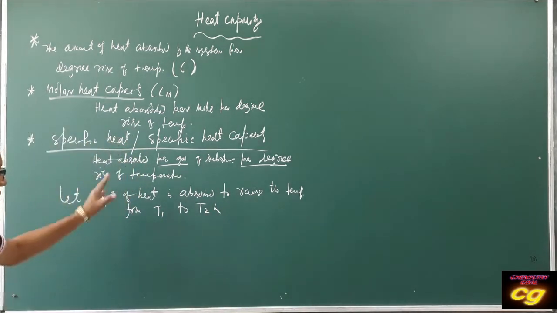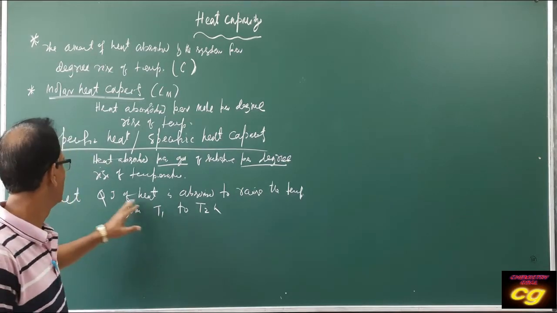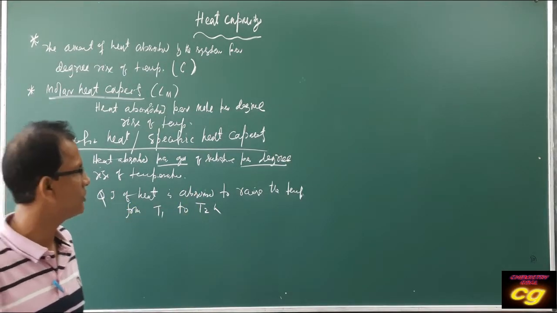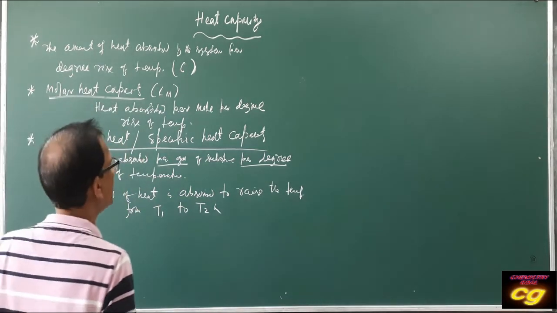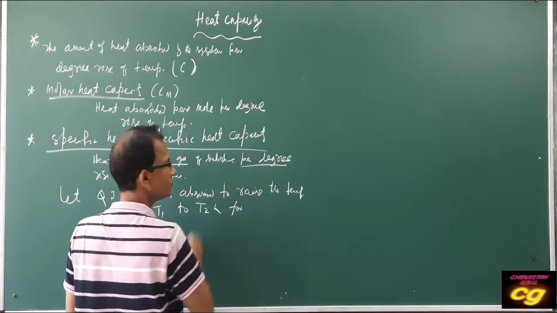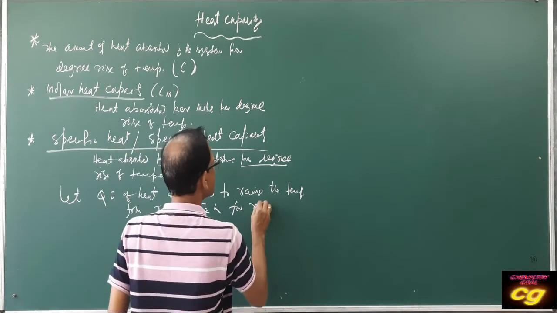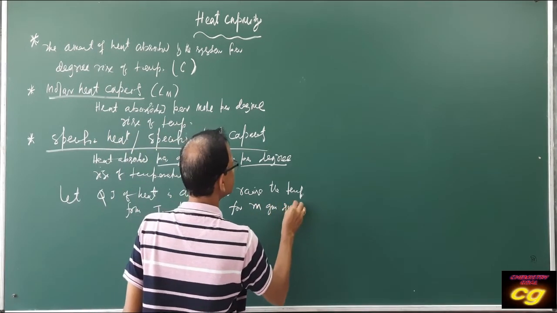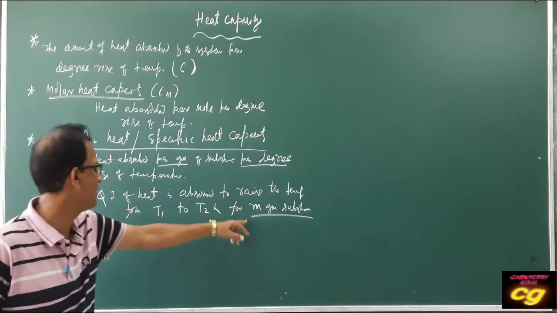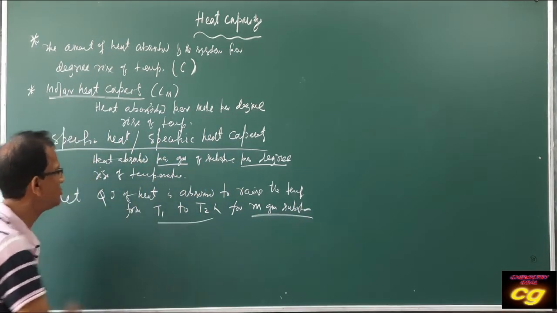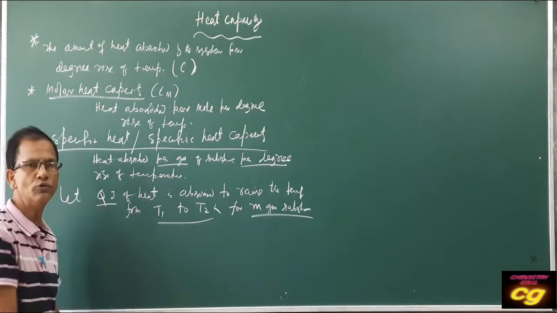If the temperature changes from T1 to T2, then Q amount of heat is absorbed to raise the temperature for m gram of substance. Here the mass is m gram, the temperature goes from T1 to T2, and the heat is Q joule.